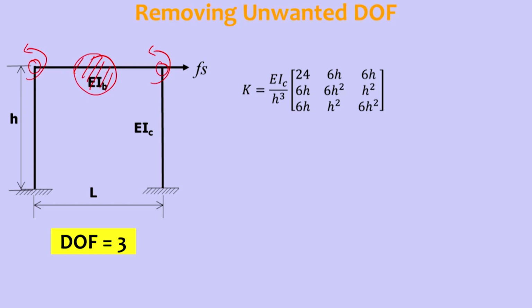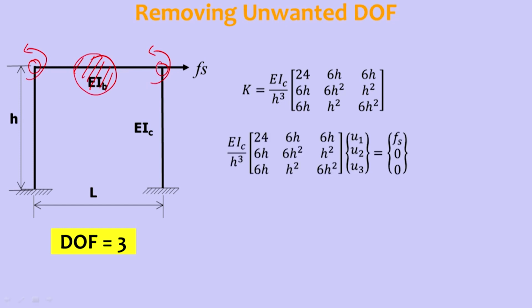So that means translational degree of freedom, that is degree of freedom 1, has mass associated with it, but degree of freedom 2 has 0 mass and degree of freedom 3 has 0 mass. So in this situation, how do we remove unwanted degrees of freedom from the equation? So that is what is required to be discussed.